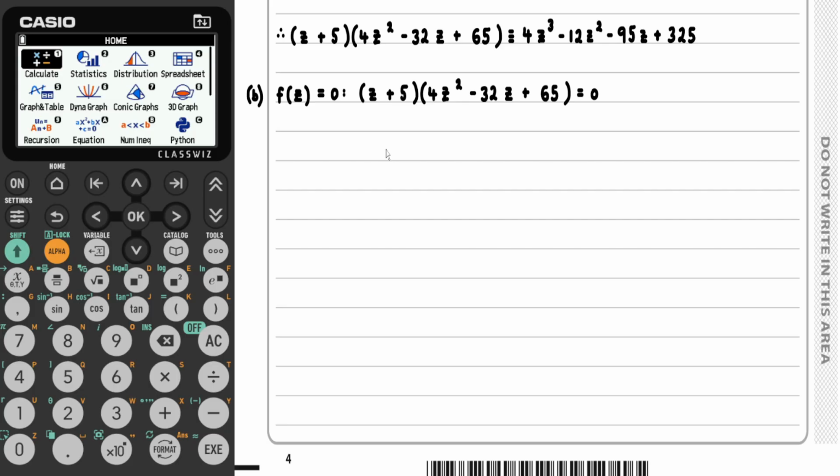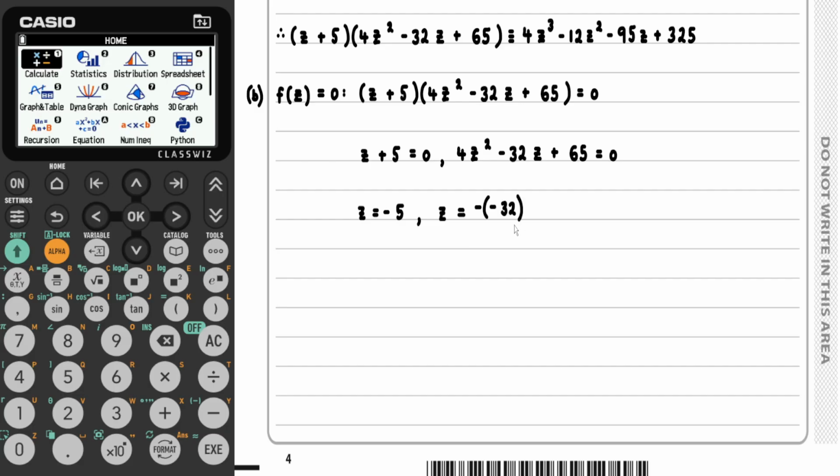And so we would have z plus 5 equaling 0, or we would have 4z squared subtract 32z plus 65 equaling 0. If we have z plus 5 equaling 0, that would mean z would equal negative 5. Let us solve this quadratic to find out what z is.